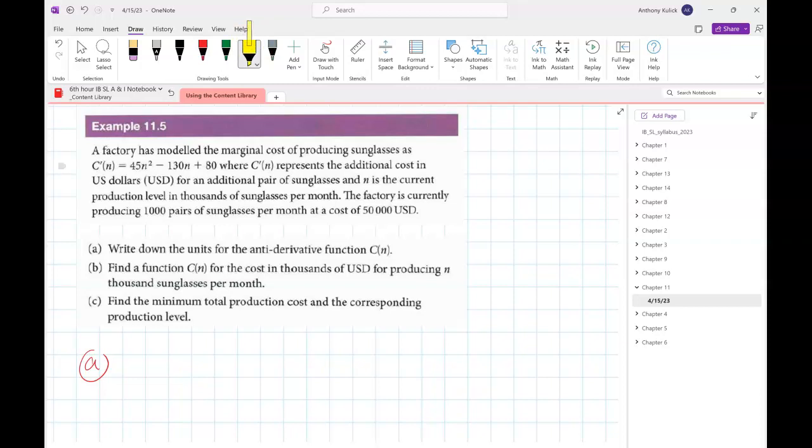Our derivative is cost per pair of sunglasses, right?